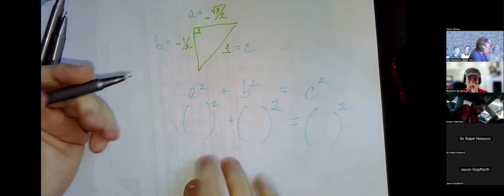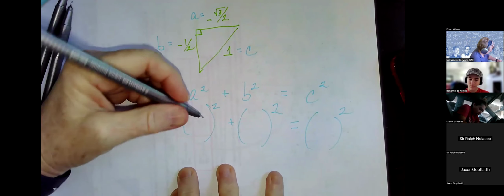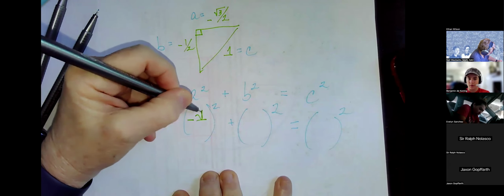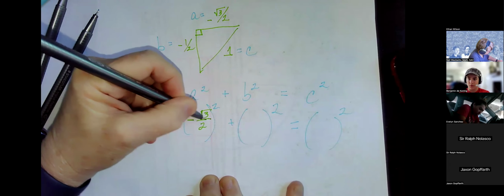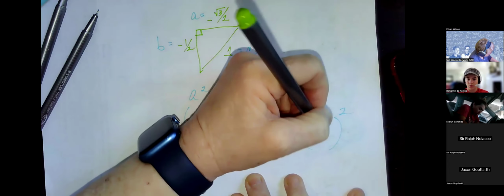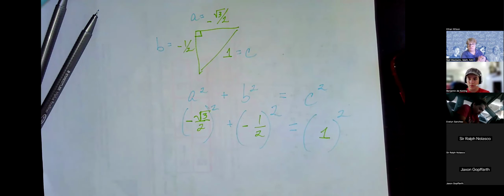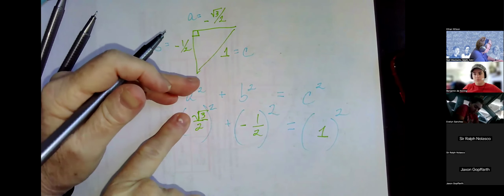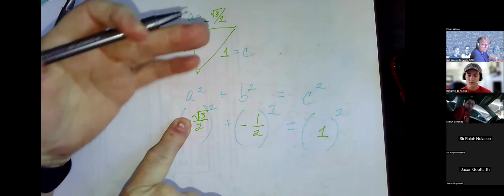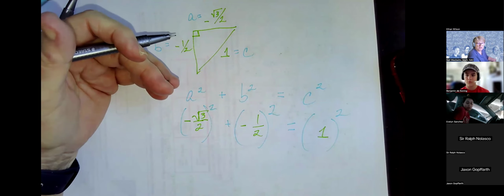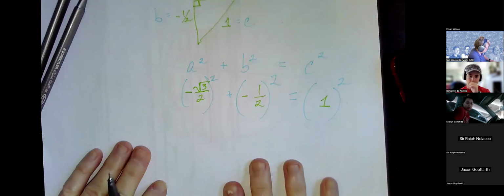We've got to have that negative sign inside the square. Why? Because we know that the number's negative, not that the output is going to be negative. Because a negative times a negative is positive. So not only is square root of 3/2 squared positive, but negative square root of 3/2 squared is positive. And the same with 1/2.